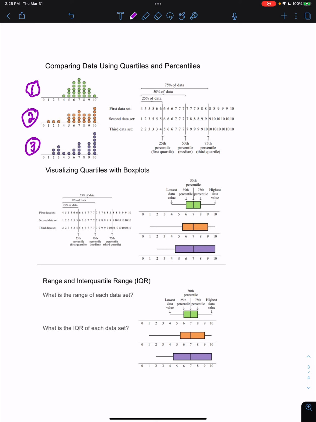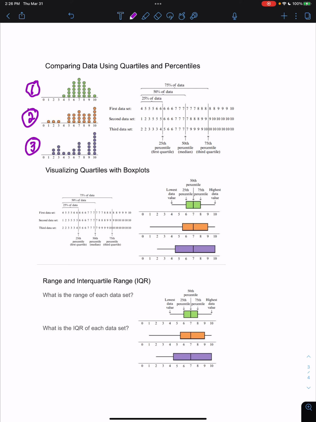And then number 3, we might call that bimodal just because it has that dip in there. It's not quite bimodal, but it's a little bit. So there is a different shape to each of these dot plots. And that's basically what we want to look at. What can we tell about these dot plots or these groups of data?